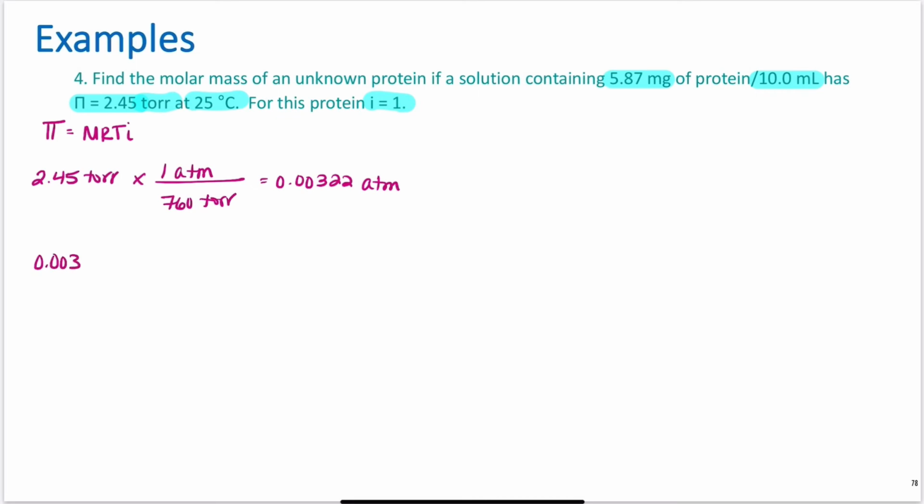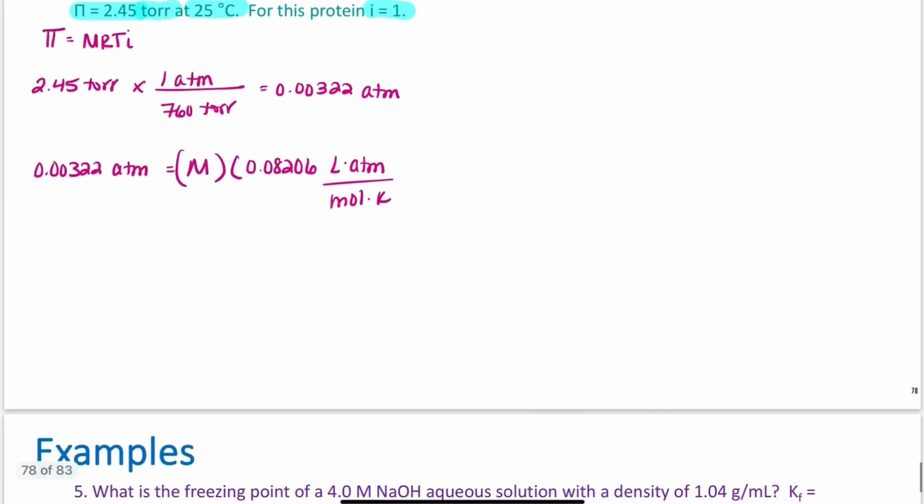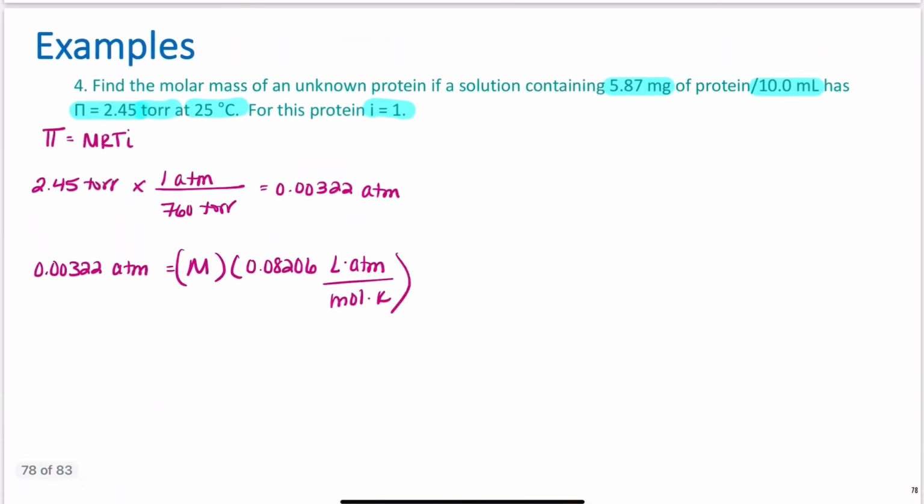So 0.00322 atmospheres equals my molarity, which I don't know, times my gas constant R, 0.08206 liter atmosphere per mole K, times 298 K, my temperature, 25 degrees C but in Kelvin, times my i value of 1.